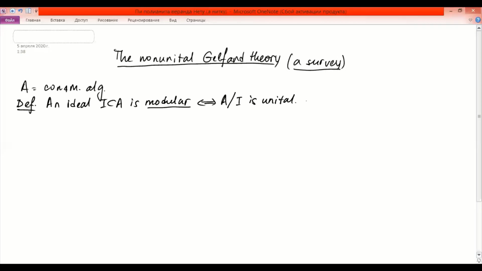Or equivalently, this means that there exists an element u in A such that a minus au sits in I for each element a in our algebra.